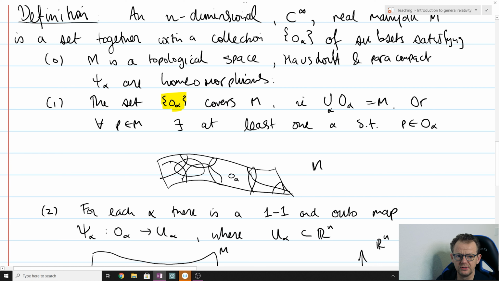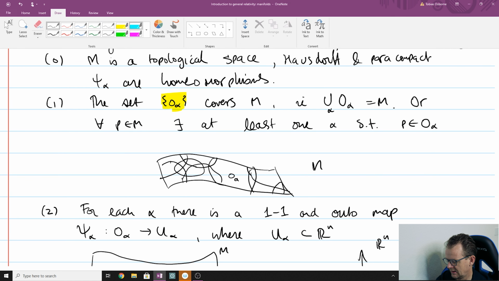Look, if you know about point set topology and general topology, then this will probably make you happy. If you don't, then don't worry about it in this course.